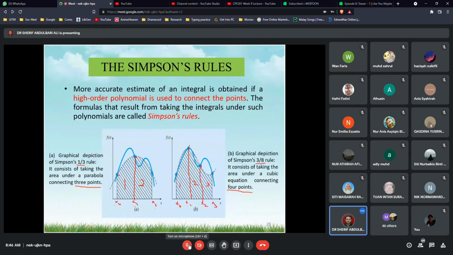So the 1/3 rule needs 3 points and 2 segments, while the 3/8 rule needs 4 points, which create 3 segments. This is the difference between them, and you need to remember it because you will use it when solving any questions on the Simpson rule. Okay, clear? Any question about how to differentiate between 1/3 and 3/8?